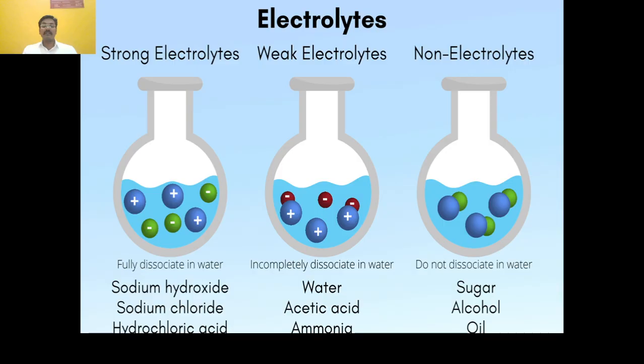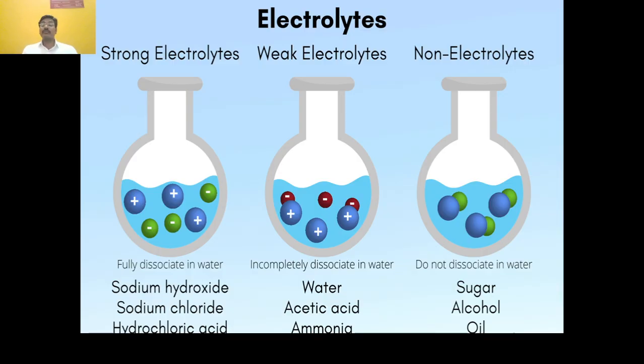For example, acetic acid in water and ammonia in water are incompletely dissociated in water. They have a low degree of ionization, and therefore such substances are called weak electrolytes.